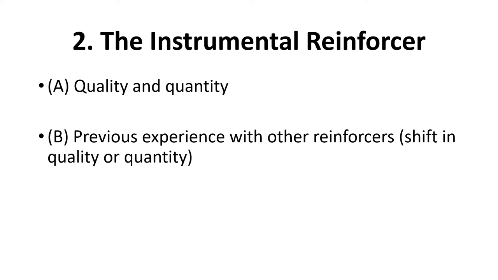So the first we want to discuss is the quality and the quantity of our reinforcer. So how effective a certain stimulus is as a reinforcer will depend on both the quality and quantity of that stimulus available. If you're trying to motivate a young child, a bag of M&Ms might be a lot more motivating than a single M&M because of the quantity of M&Ms.